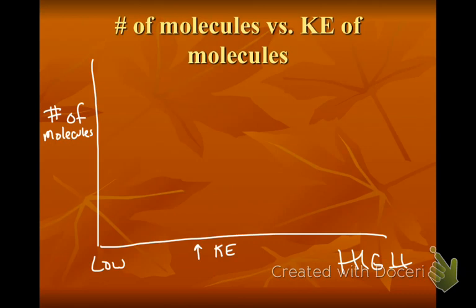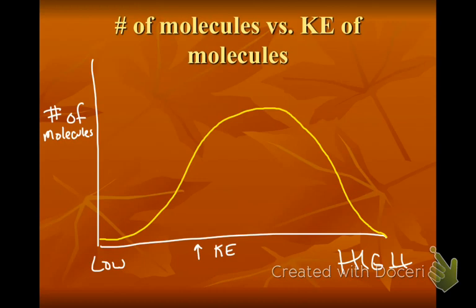So it turns out that the molecules in a substance have a range of kinetic energy. So I'm going to use a yellow for this. So it kind of forms a bell curve. So if I were to think about some water that you spilled on your lab desk, those molecules all have different kinetic energies.